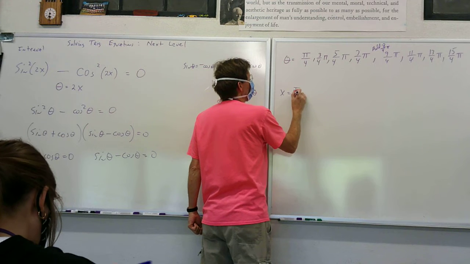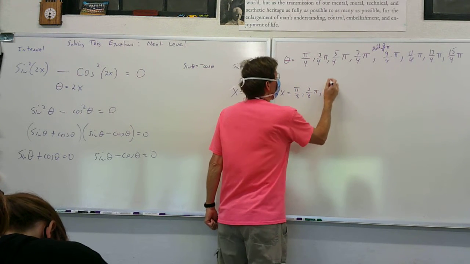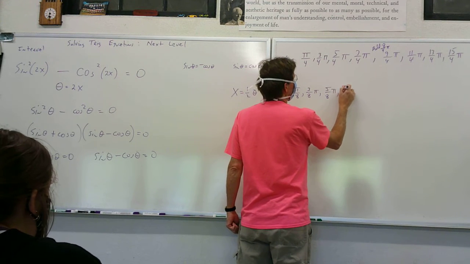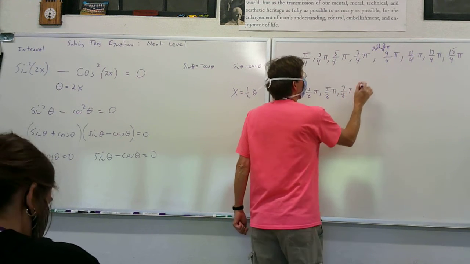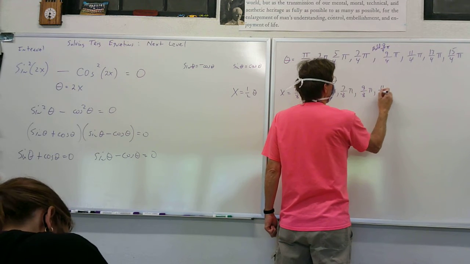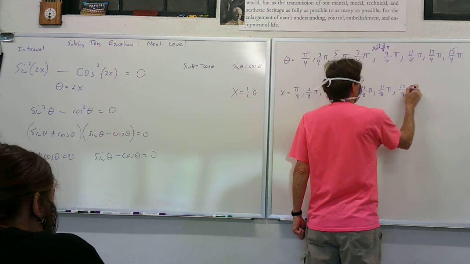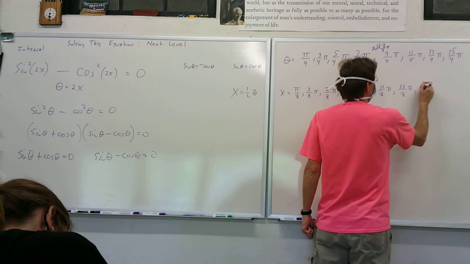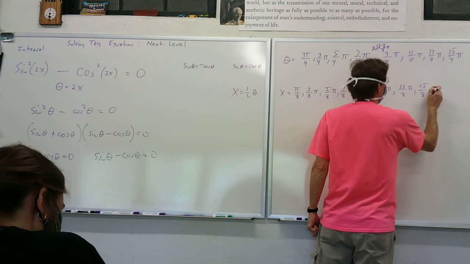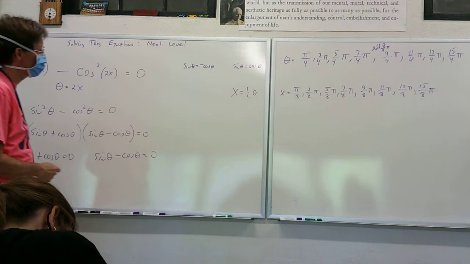So we'll get pi over 8, 3/8, 5/8, 7/8, 9/8, 11/8, 13/8, 15/8. All right, that's all the solutions between 0 and 2 pi.